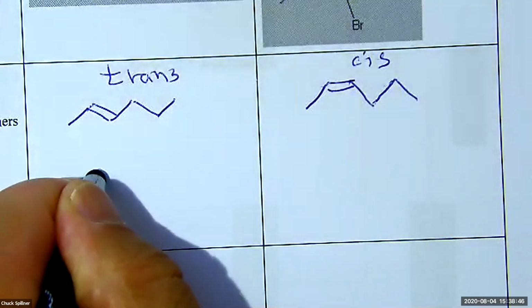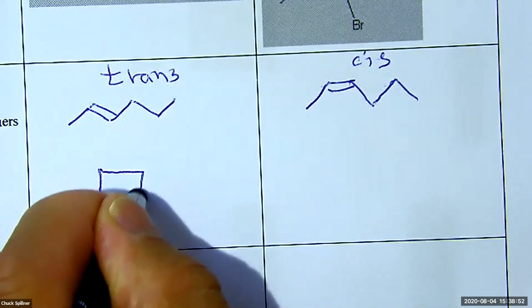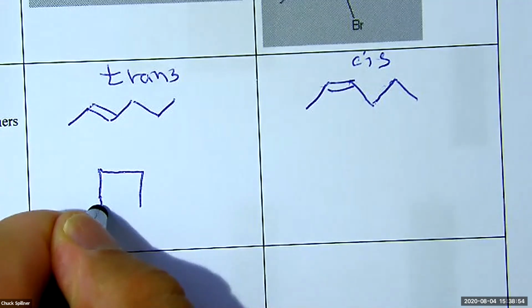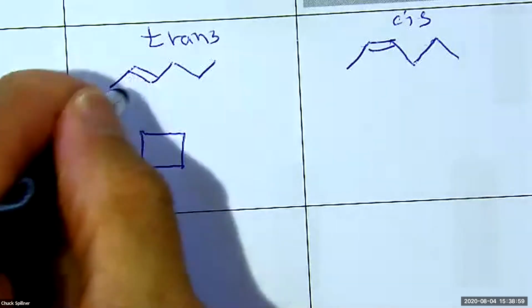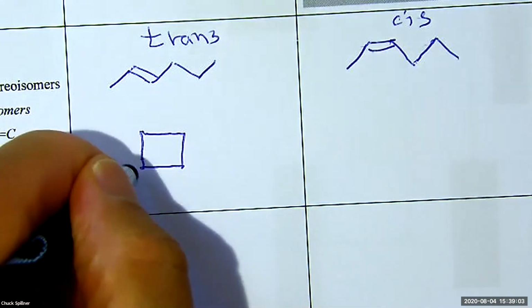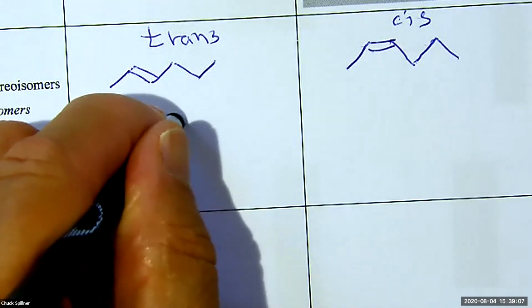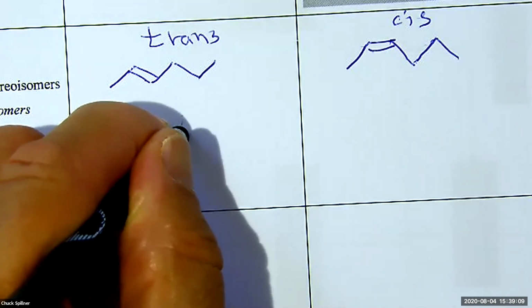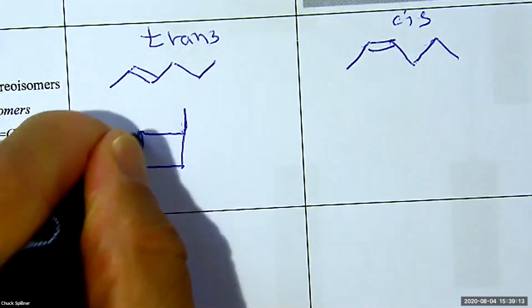And then if I wanted to draw a cyclic molecule that has cis and trans, the trans would have one group pointing up. I'll say this one is up in the air above the ring, and this one is below the ring.